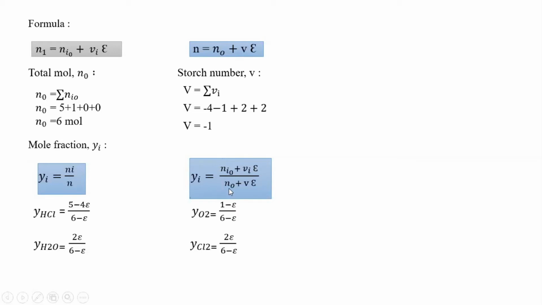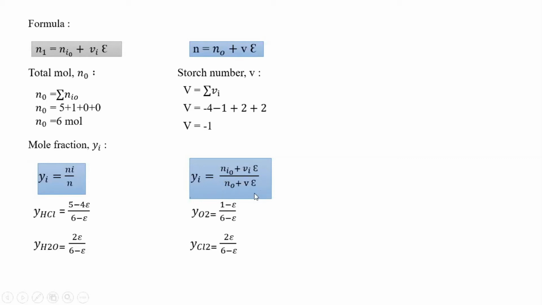N naught here is the total number of moles at initial state, plus the total stoichiometric number for all species multiplied with the extent of reaction.